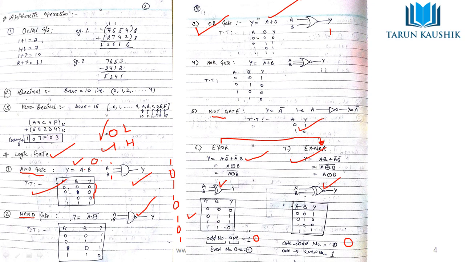How many ones are there? 1 2 3 4 and 5. 5 is odd. When the number of ones is odd, then the answer will be 1. So the output will be high, there will definitely be an output, and the output will be 1. In XNOR that procedure will be definitely the reverse of this.